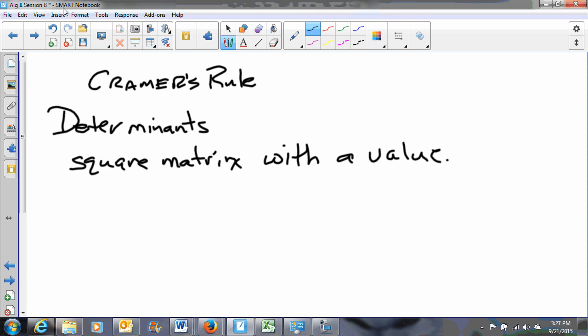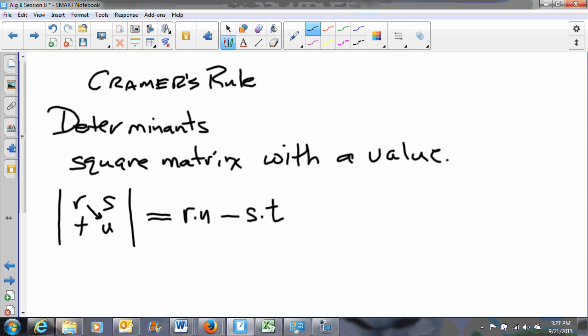So first of all, if you have a 2x2 determinant, let's say we have R, S, T, U, then the value of this determinant would be the product of R times U minus the product of S times T. I always like to think of it this way: the product of the down diagonal minus the product of the up diagonal.